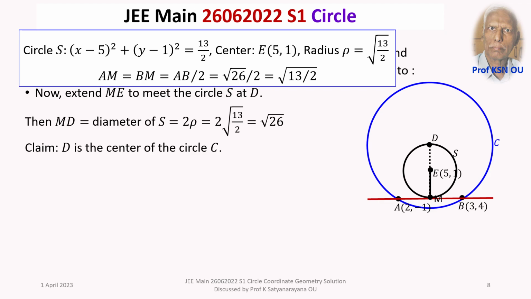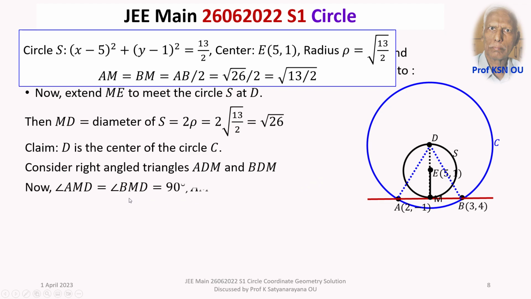Right. So how do we prove D is the center of the circle? We consider right angle triangles ADM and BDM. Agreed? So this is ADM, BDM.